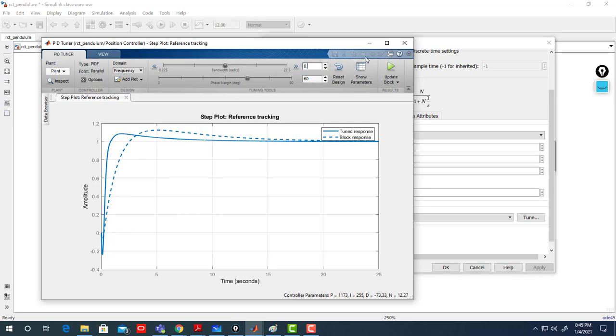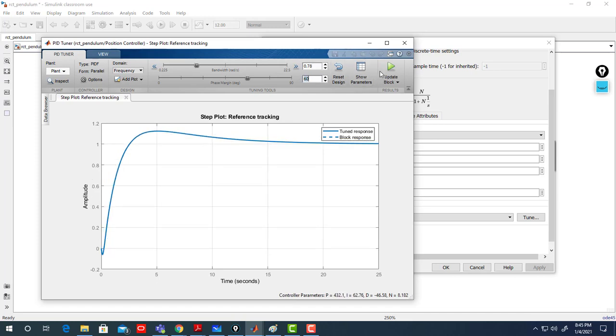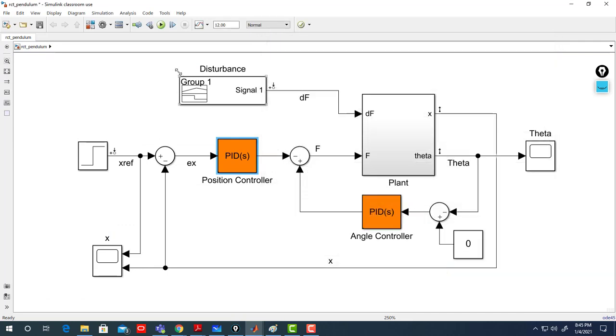Well, maybe it's 0.79 or something, 0.78. Let's see. Yeah, that's the one I should have. Updated one. Then let's check now if the response looks better. It seems better now.